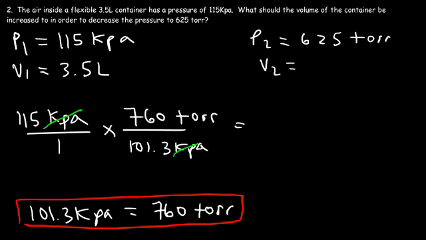So it's 115 times 760 divided by 101.3. This is equal to 862.8 torr. So that's P2. I mean, not P2, but P1. So I'm just going to write that here.